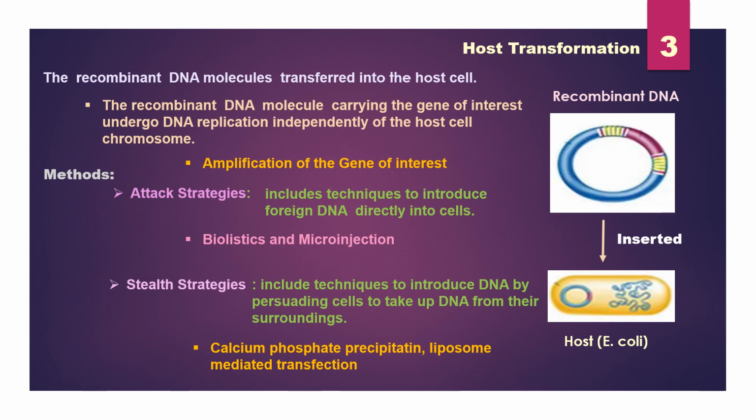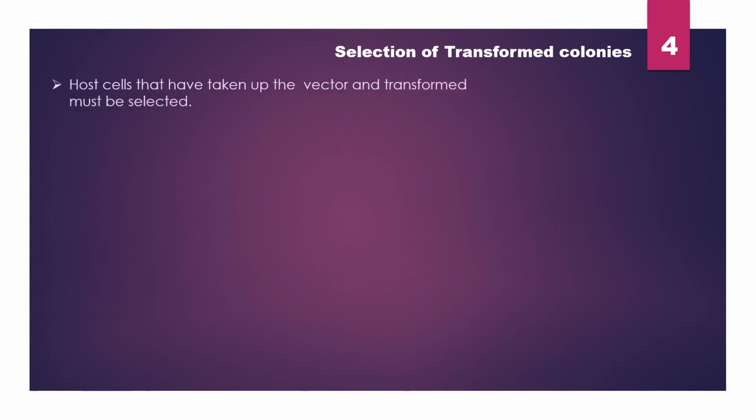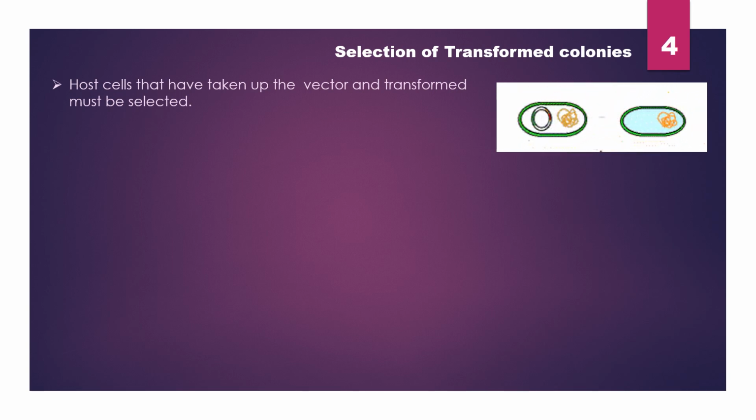For now, let's proceed to the fourth and last step, that is selection of transformed colonies. The transformation process is not 100% efficient. So it leaves a combination of host cells carrying the recombinant DNA molecule and those that do not take up the recombinant molecule. Thus, the host cells that are transformed must be selected. It requires the presence of suitable marker genes.